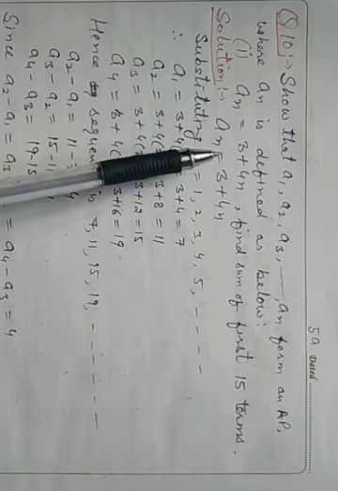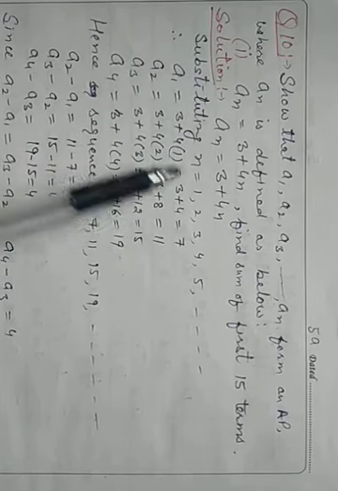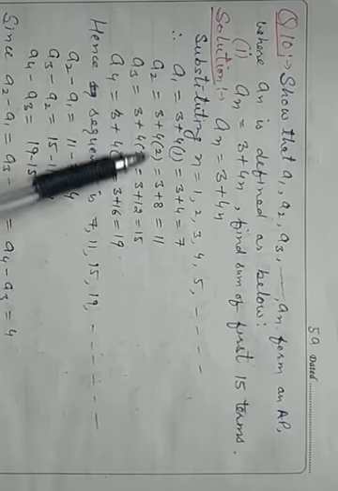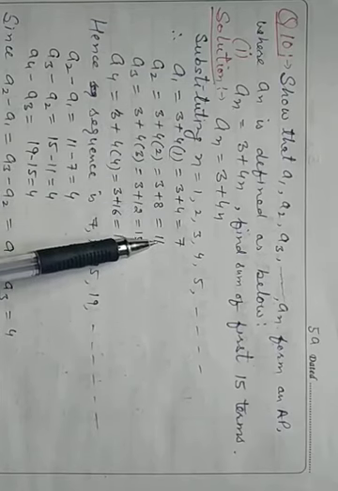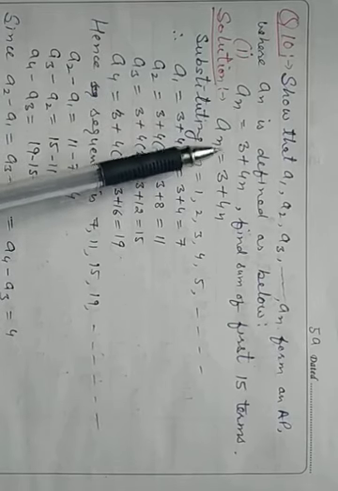Now substitute n is equal to 2. A2 is 3 plus 4 into 2. N is 2 now, so it is 3 plus 4 twos are 8, adding 11. Now put n as 3.